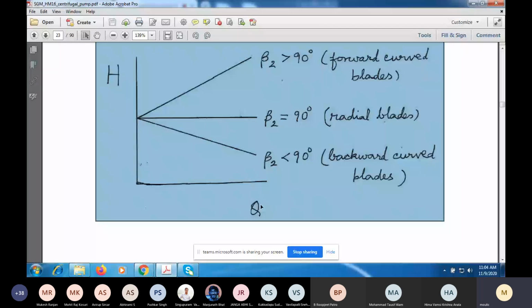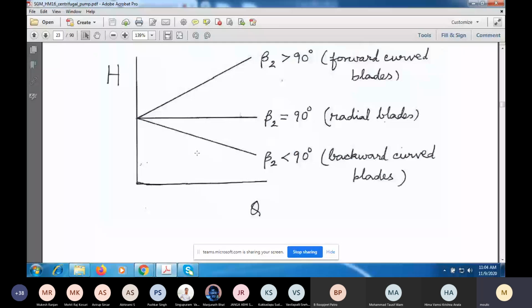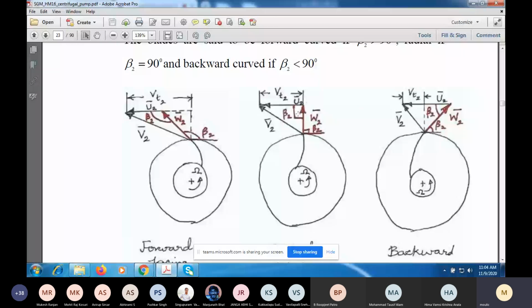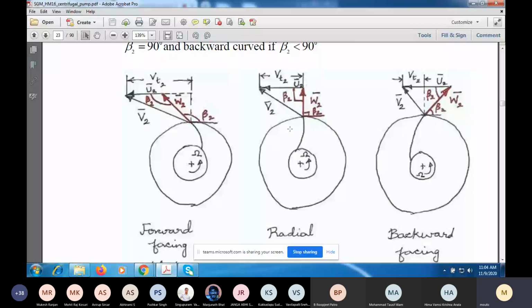It is a linear curve. So if the blades are radial, as shown here at the exit, that is the angle beta 2 between W2 and minus U is 90 degrees, then the head doesn't change with flow rate.